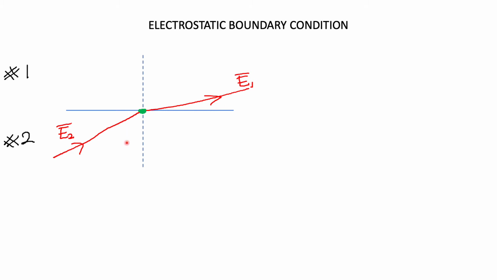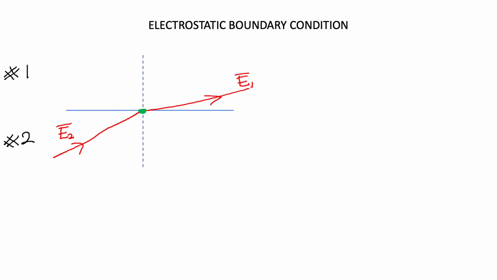So it is a dynamic condition. And in each E, either in the upper part or in the lower part, the E must have a normal to the boundary and a tangential to the boundary.